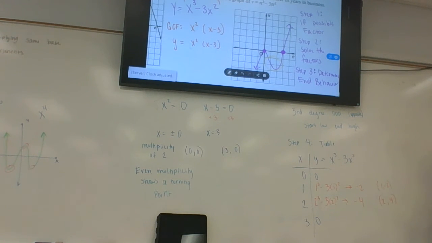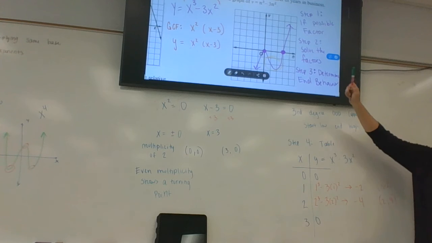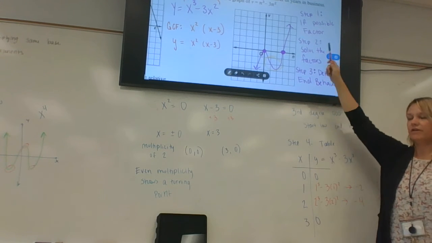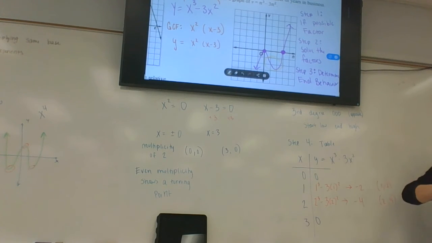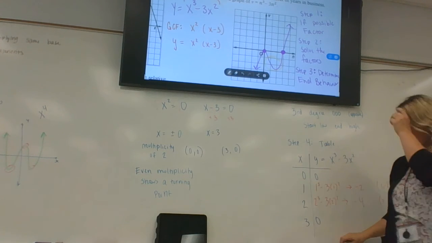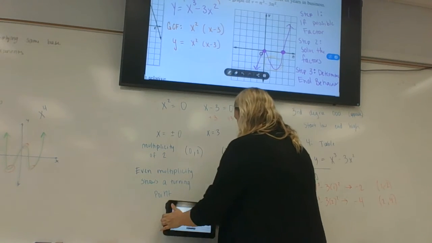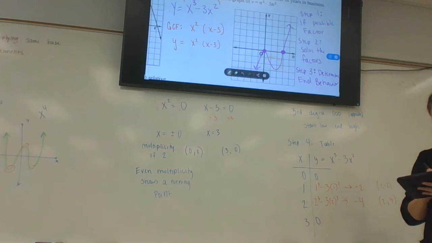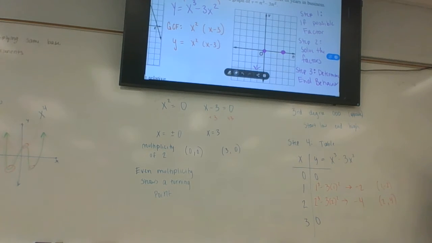So now, again, to re-emphasize, we use the factors to set us up. We use end behavior to get the ends right. And then the table fills in between the factors. So I'm going to erase my purple line because I have 2 specifics.